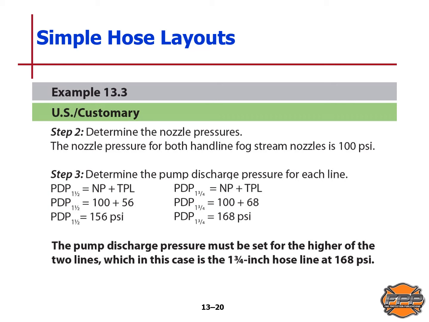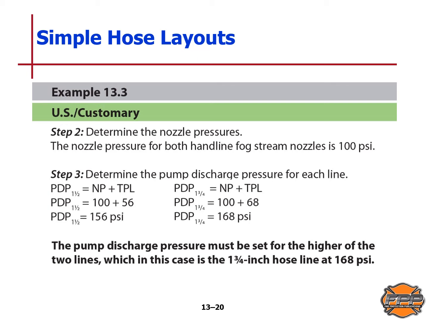So the PDP, pump discharge pressure for the 1.5 inch line, is the nozzle pressure plus the total pressure loss. So we add in our numbers. PDP for 1.5 is 100 plus 56. So the PDP for the 1.5 inch line is 156 psi.